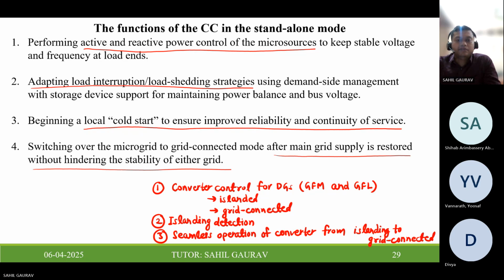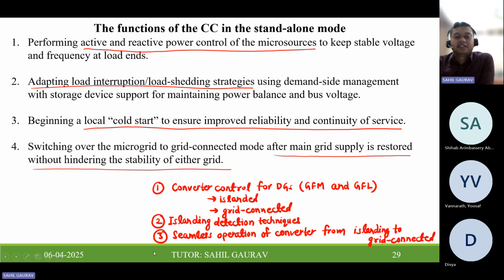Yes, there are many things. If we select this type of topic, then if we select anything related to converter control, this is related to power electronics. Yeah, power electronics. Okay. Because a power system engineer can do it.